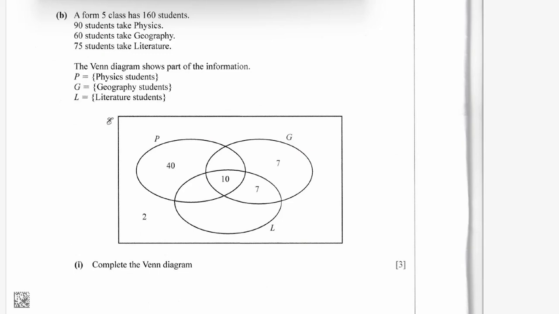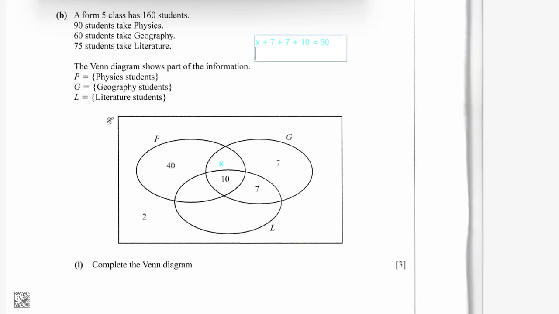For geography, there is a number that should go in here. We can call that number x. So we say x plus 7 plus 7 plus 10 should give us the total of students taking geography, which is 60.